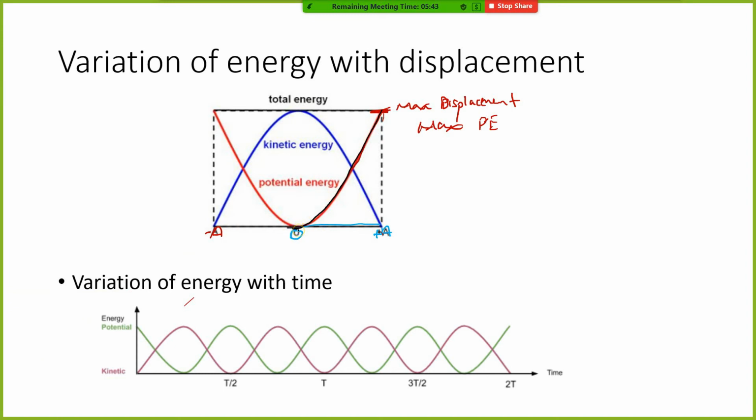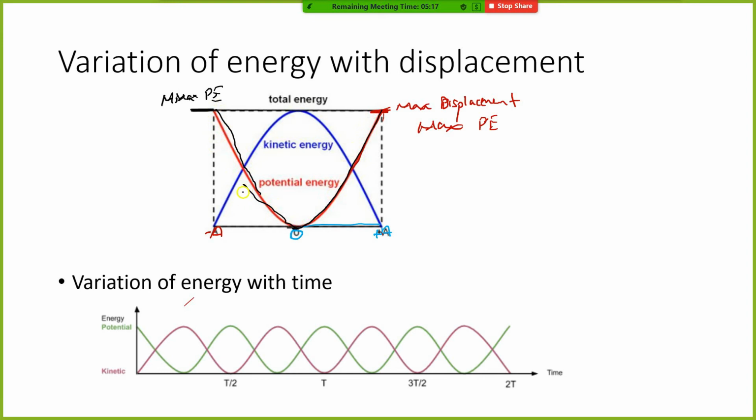It doesn't have any potential energy at that point. And then going back up to the next amplitude, because that's how it works, it swings from one amplitude to the next, you would expect that it's going to go back to a point where it's at maximum PE. So that is for the potential energy.